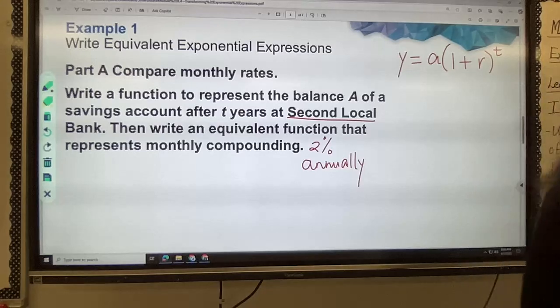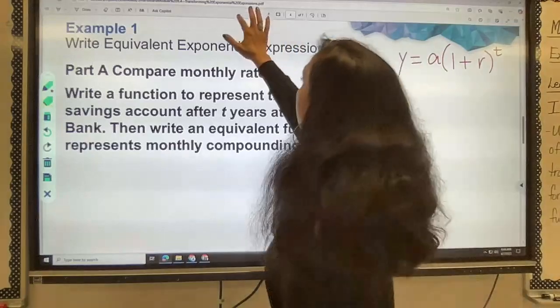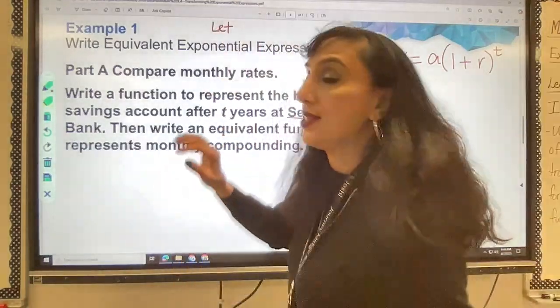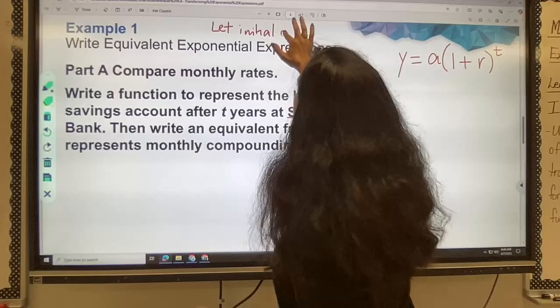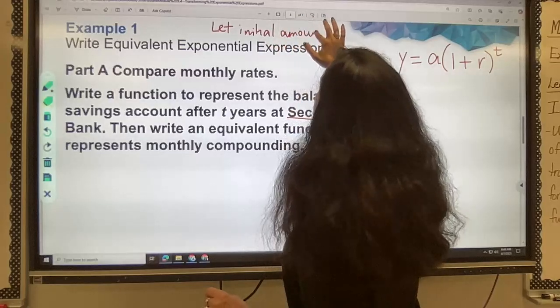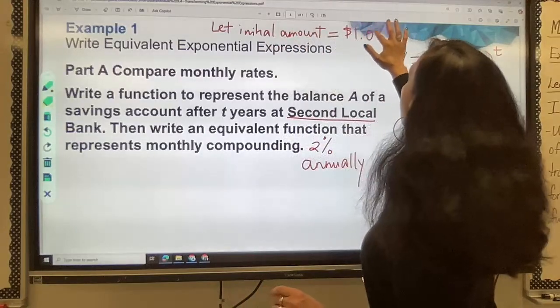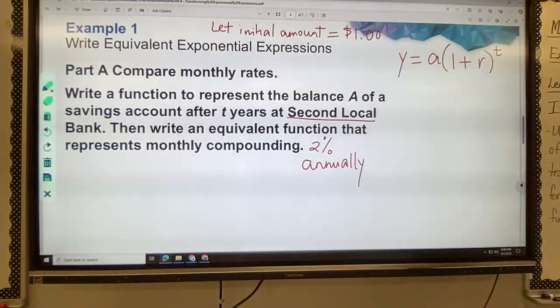For the second one, let's assume for convenience that the initial amount of investment, which is A, be equal to $1.